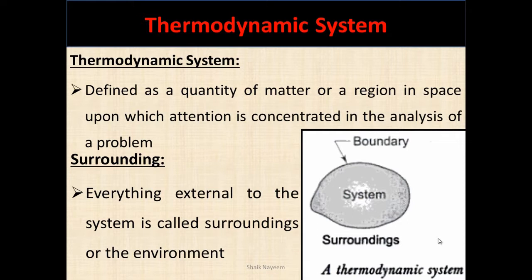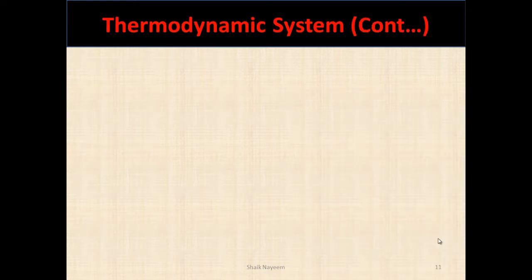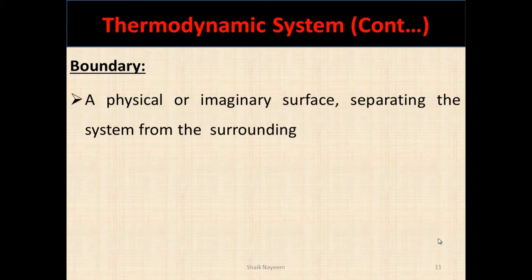On the right side there is a diagram where a line separates system and surroundings. Everything external to that line we call the surroundings, and everything internal to that line we call the system. Then coming to the boundary: a boundary may be a physical or imaginary surface separating the system from the surroundings. That line in the figure is the boundary.